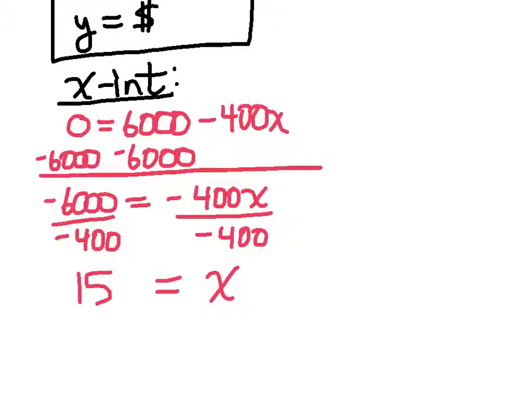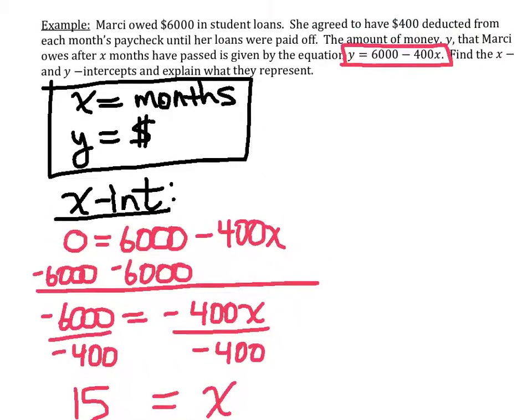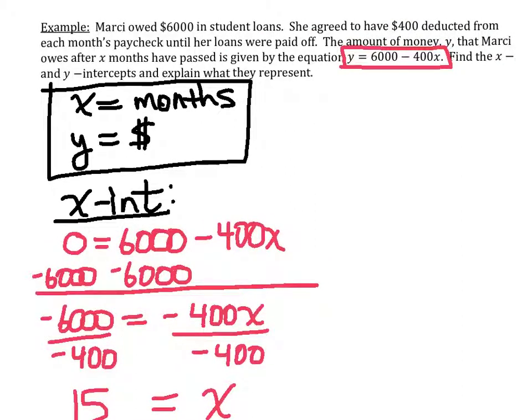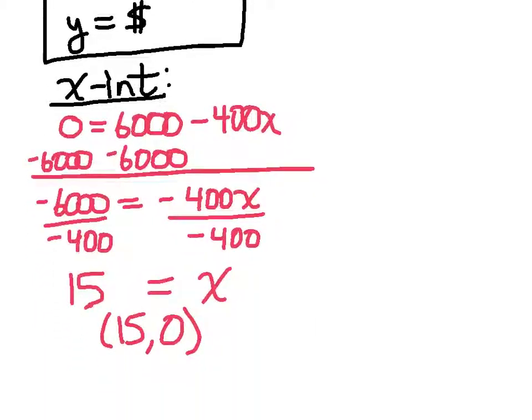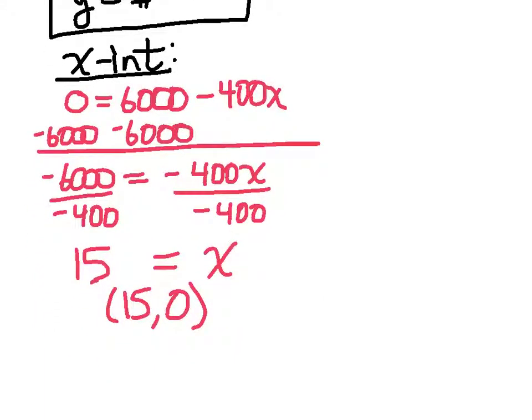Okay? And as an ordered pair, it'll be the point 15, 0, but that's not so important. What I want to do is I know that x is 15, and I want to interpret what that means in the context of this problem. All right, and if we go back to where our problem is giving our variables, right? y is the amount of money that Marcy owes after x months have passed. And what we got as our x-intercept is that x is 15. Now, notice here that what we did to find that 15 was we put 0 in for y, right?